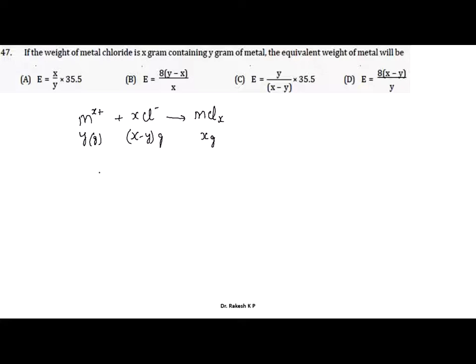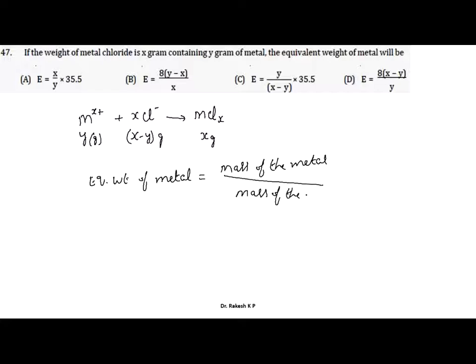Now we have to calculate the equivalent weight of the metal. The equivalent weight of the metal is equal to the mass of the metal divided by the mass of the chlorine, into the equivalent weight of chlorine, which is 35.5.